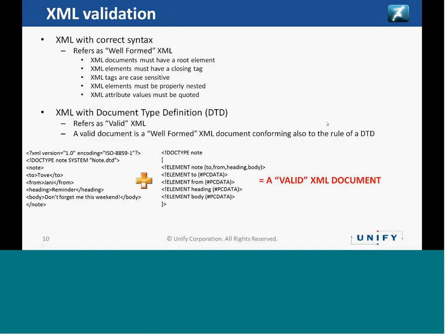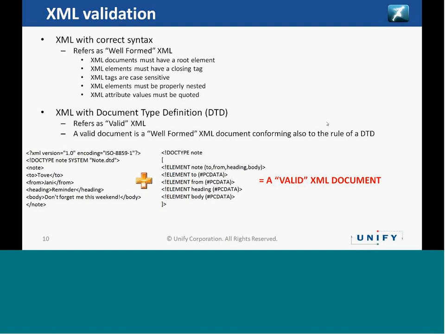Now, I said that I will not really talk about validation, but it's still important to mention that XML, again, is a set of technologies. It's important to ensure that you have a well-formed document. A well-formed document is any XML that you write that contains a root element and has closing tags. Tags are case sensitive. XML elements must be properly nested, and attribute values must be quoted.